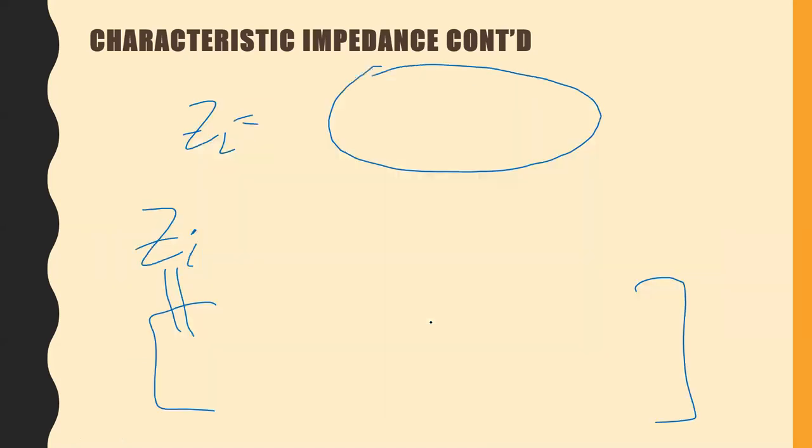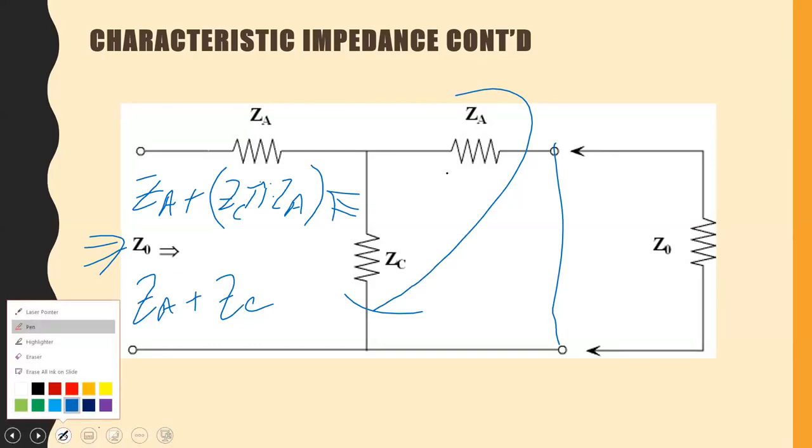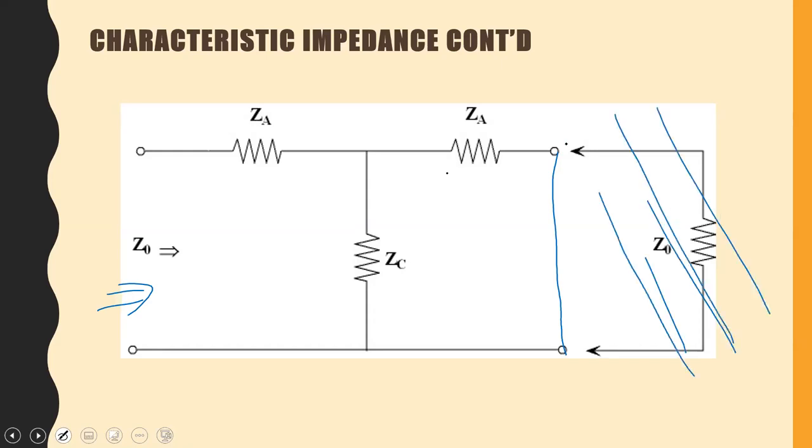Sir, I'm kind of confused at this. Need me to go again? Yes, sir. I try to follow. If we short circuit these terminals and we're looking at the impedance here, the other side is no longer under consideration.